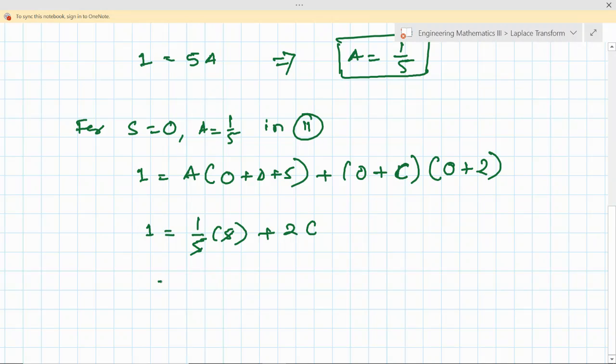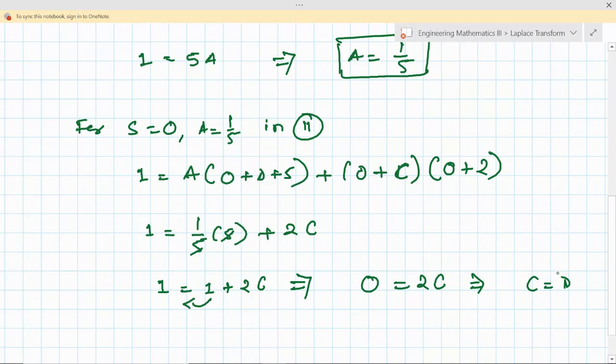So this 1 equal to 1 plus 2c. So if we shift 1 to the other side, I'll get 0 is equal to 2c, because 1 minus 1 is 0, and from this what I get, c is equal to 0 simply, isn't it? So c is equal to simply 0.